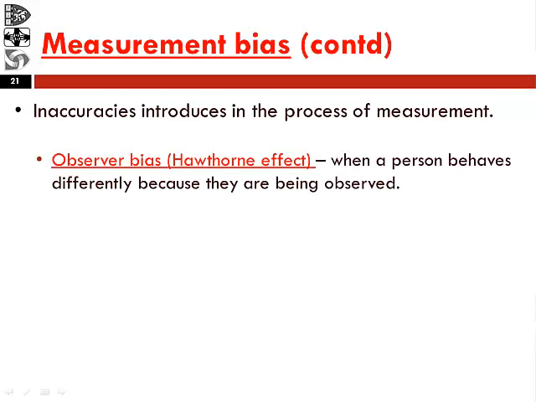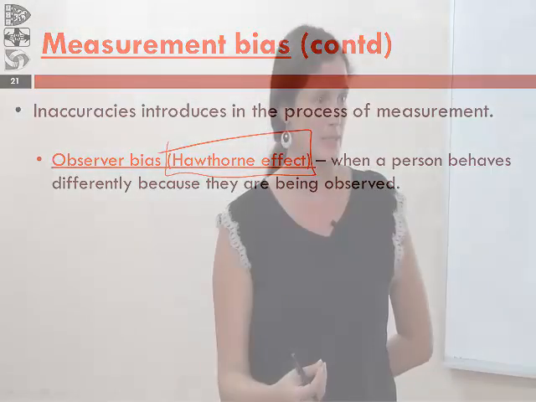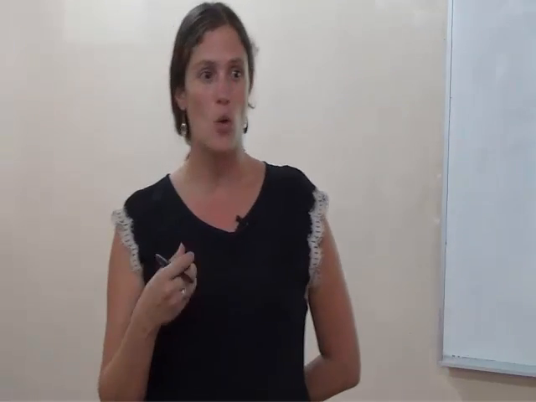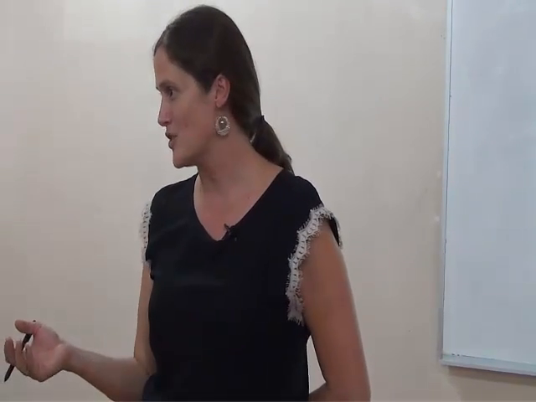Observer bias, and this has a special term that you will see in the literature called the Hawthorne effect. This is when people change their behavior because you are observing them. Okay? So I'm going to go in and look at the quality of research that you're doing.